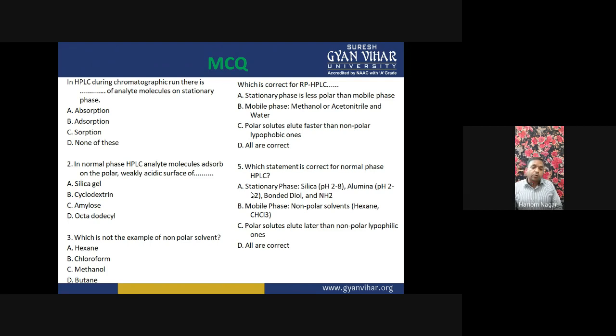So if the polar solute interacts strongly with the stationary phase, then it will not move with the mobile phase. If its movement is less, then it will elute later from the HPLC column, right?